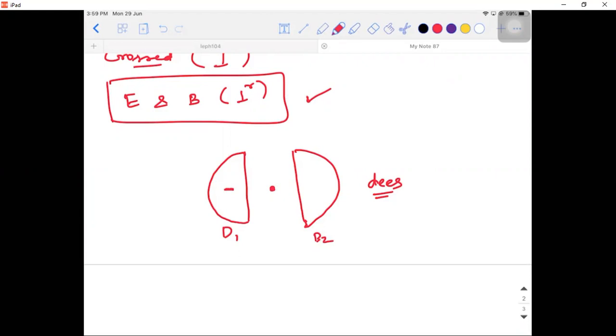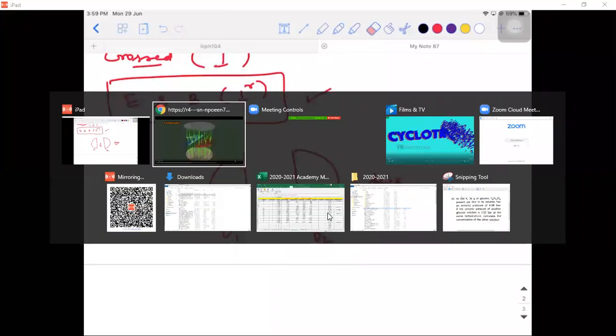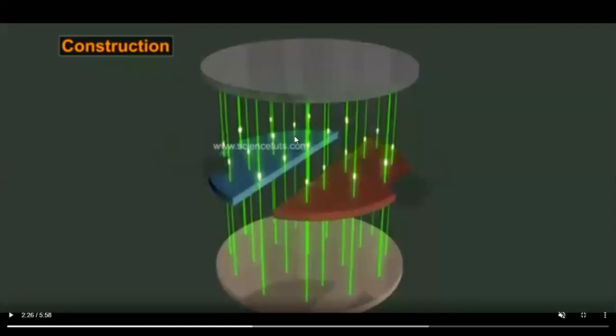When I place a charged particle Q at this point, initially there will be a field which is perpendicular to these D's. Are you able to see this? One blue color plate and one green color plate, just to differentiate, they have given it. The green color lines represent the magnetic field, and those two are the permanent magnets which are going to be present. The particle is kept somewhere over here, where my cursor is.